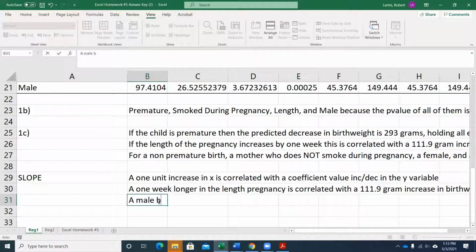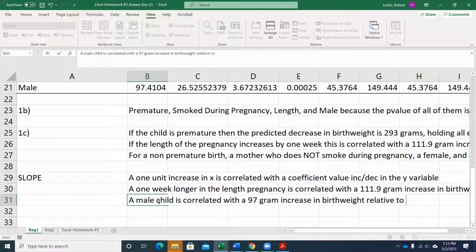So a male child is correlated with a 97 gram increase in birth weights relative to whatever the 0 group was, which was female. So that 1 unit increase is going from 0 to 1, comparing a male to the female, the 1 group to the 0 group.